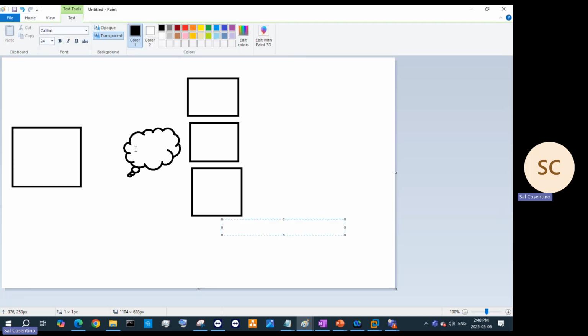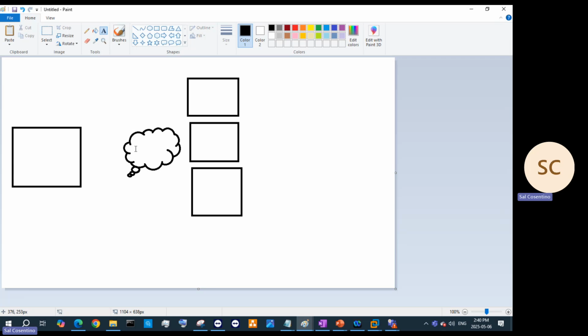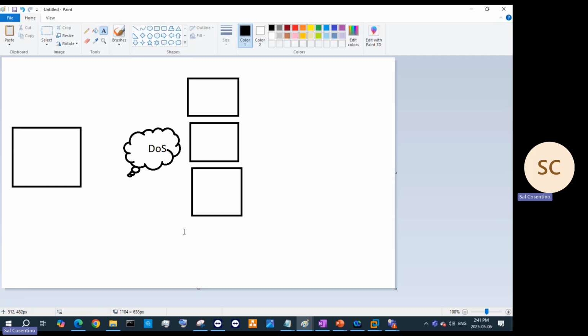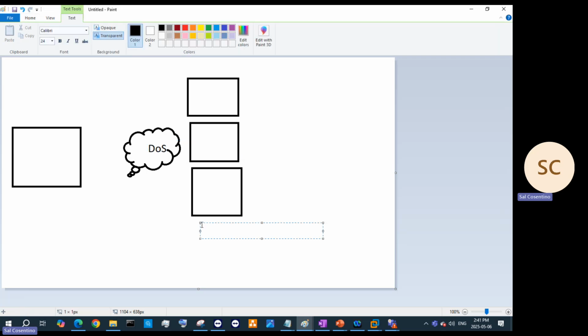And this could be our denial of service, or DOS. Put that in right here, DOS, right? And these are our fleets or web servers, or a web server group.